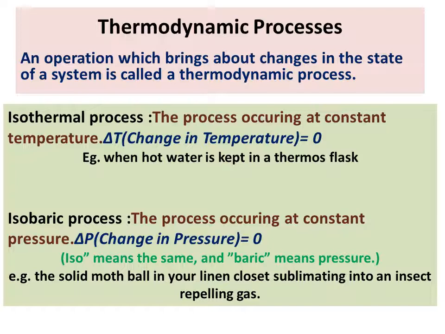This conversion from solid state directly into gaseous state is known as sublimation. So change of state is happening, but at what pressure? At constant pressure. That pressure is atmospheric pressure. So you will say that this conversion from solid state to gaseous state is an isobaric process.